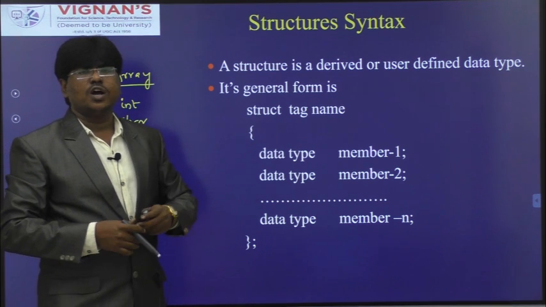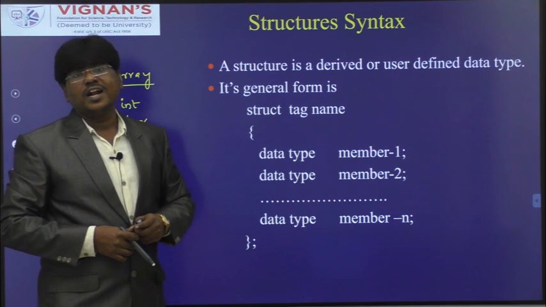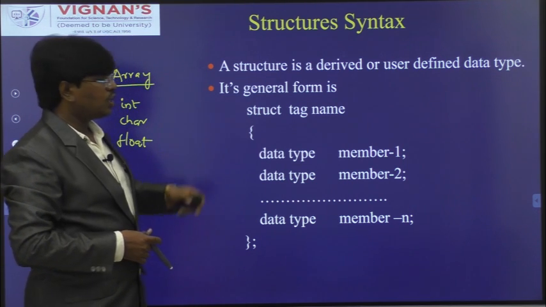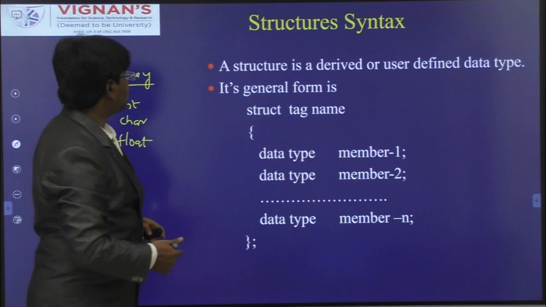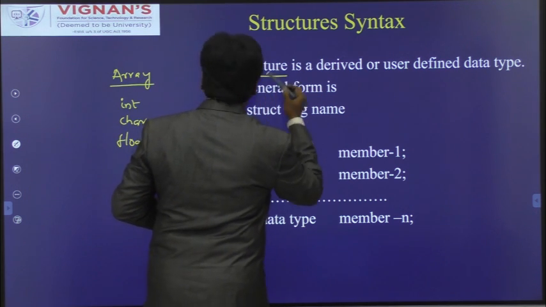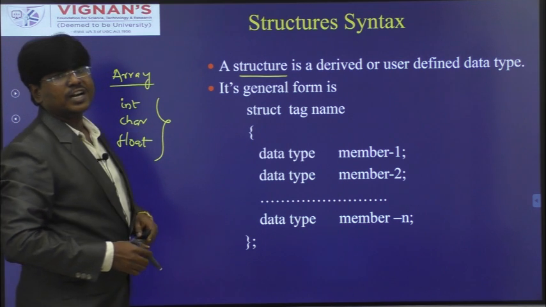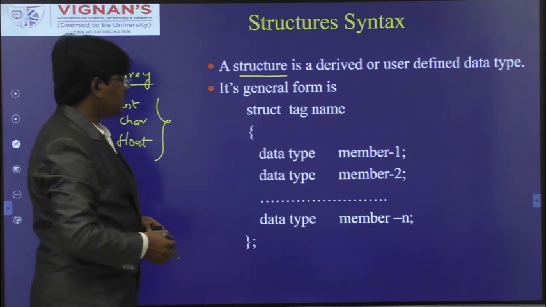How we can group variables of different types with the help of a structure, that we will see. So what is the definition of a structure? Structures can be used to group different variables of different data types under a single name.